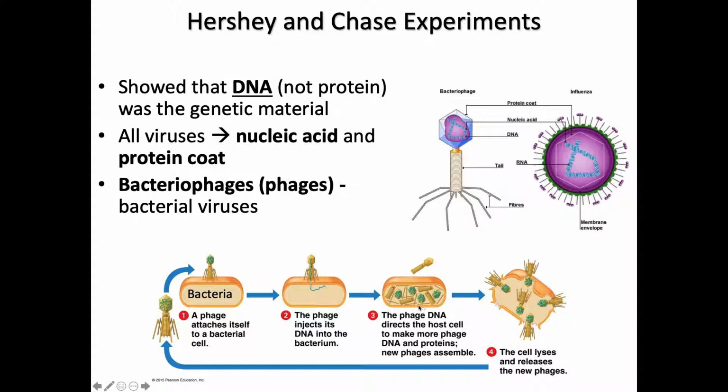These parts will assemble into new viruses, so we'll have viral progeny, and when they are ready to infect other bacteria or other hosts, they break free, ultimately killing their host.